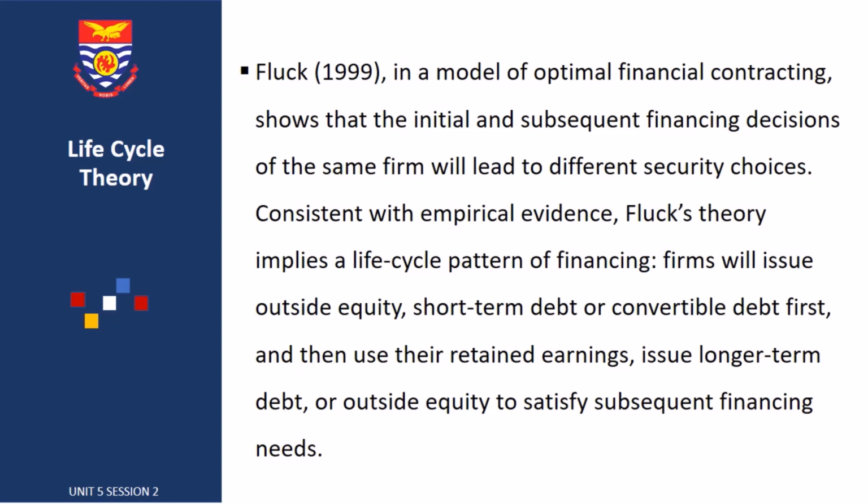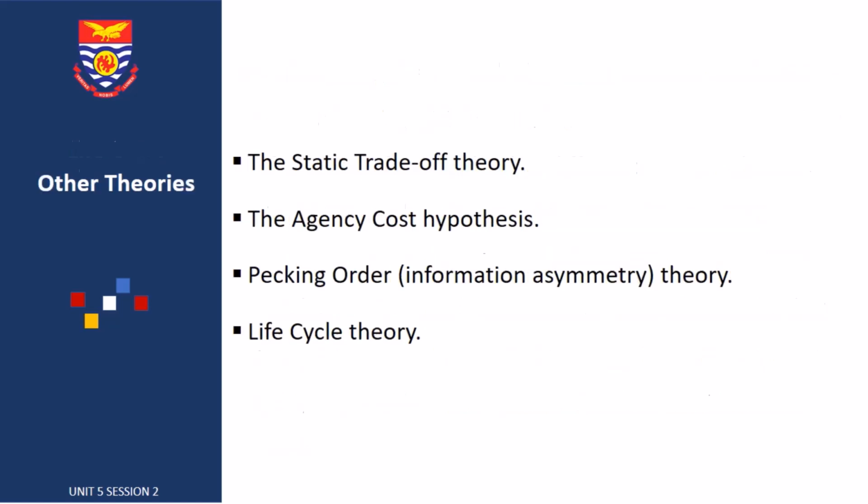So firms will issue outside equity first, short-term or convertible debt first, and then use their retained earnings, and they will issue long-term debt or outside equity to satisfy any subsequent financing needs. Okay, so that is the view of the life cycle theory from Flack 1999.